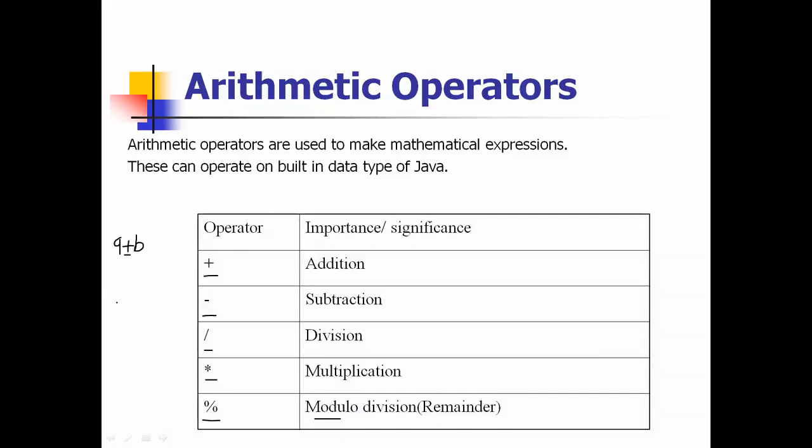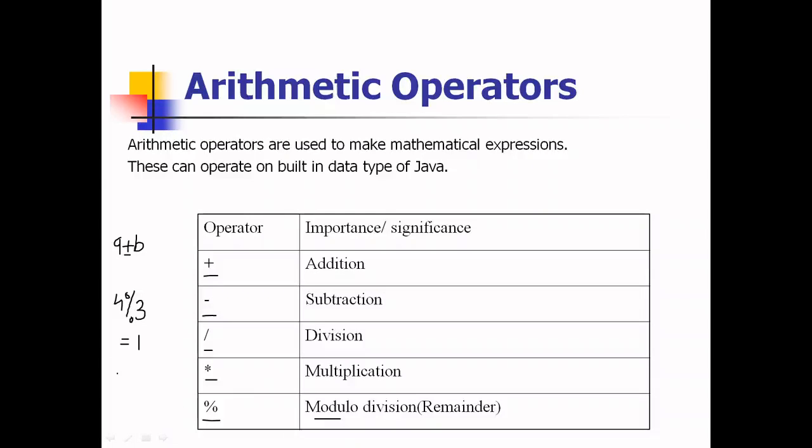So for example, if we have a number like 4 divided by 3, so 4 modulo 3, the answer is 1, that is the remainder. So once you divide this 4 by 3, the remainder is 1. So that is modulo division.